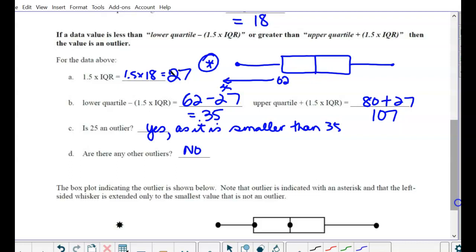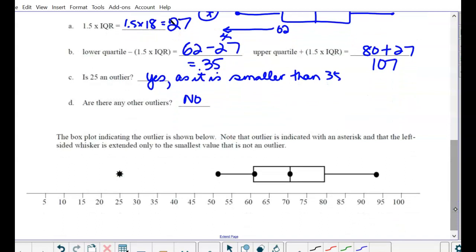That might be an outlier depending on the calculations. So it's one data value that just doesn't fit with all the rest. Because take a look, if I join this one up here, that whisker is huge compared to the rest. So you don't know for sure if it's an outlier until you do the calculations.